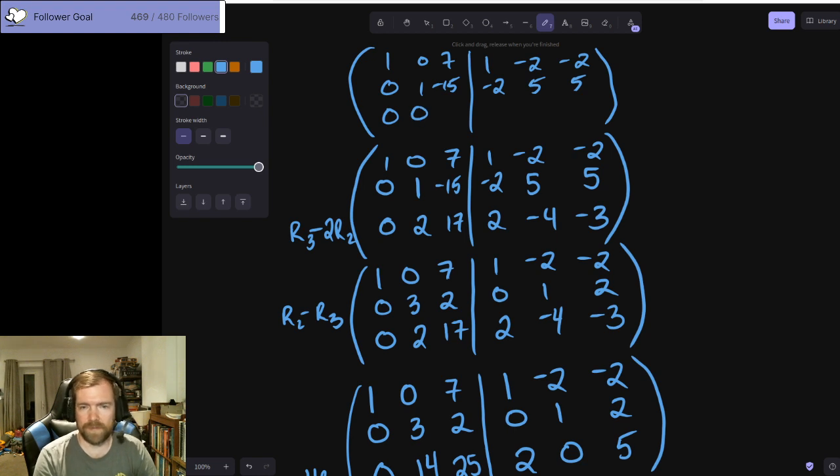Woo. All right, subtract 2 negative 15s is going to be 30, plus 17 is going to be 47. Oh boy. Row 3, 2, plus 4 is going to be 6. Oh man, this is going to be so messy. It's great.